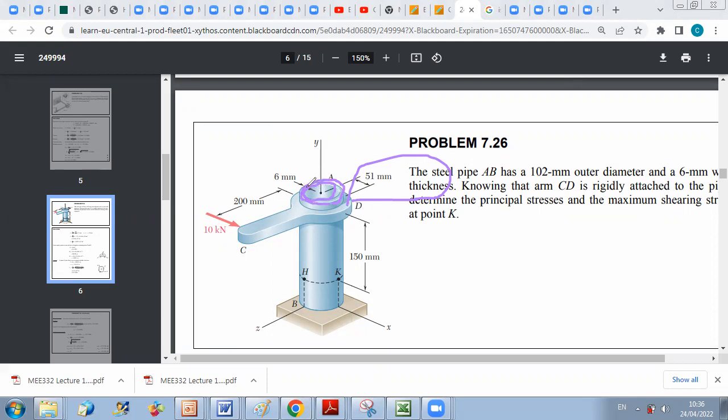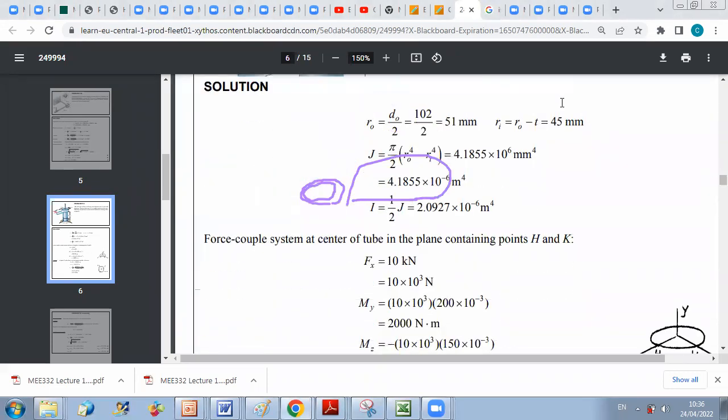And the thickness is 6 millimeters, so the inner radius is 51 minus 6. For an annulus, the polar moment of inertia J is pi over 2 times r outer to the power 4 minus r inner to the power 4.